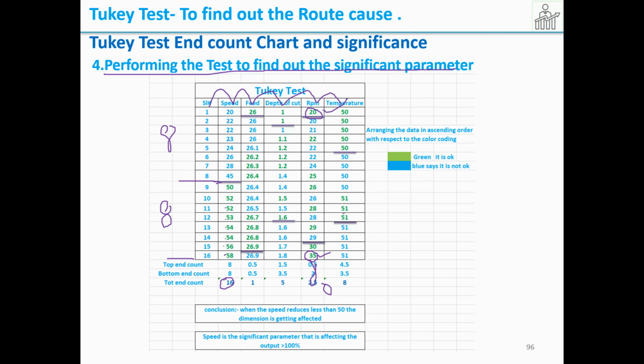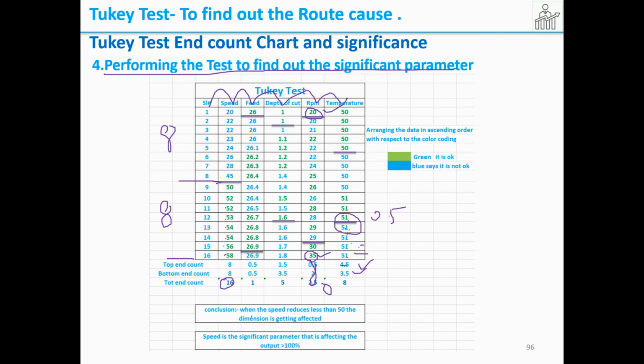If you see, for 51 it is okay, and for 51 it is not okay as well. Therefore, we call it 0.5. The bottom end count should be 1, 2, 3, 4, but it should be 3.5. Sorry, it is correct, 3.5 and 4.5.